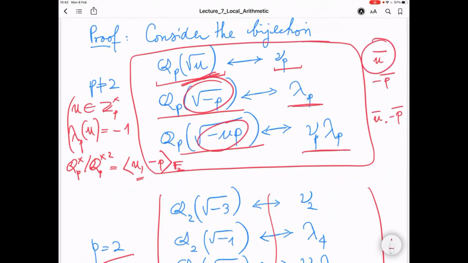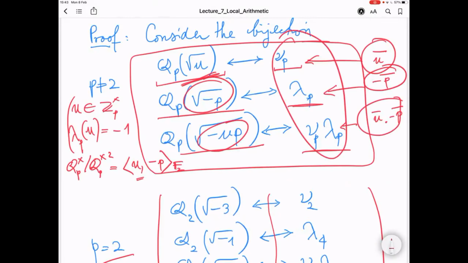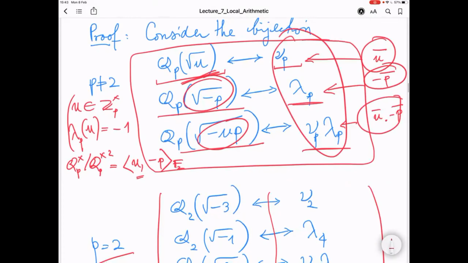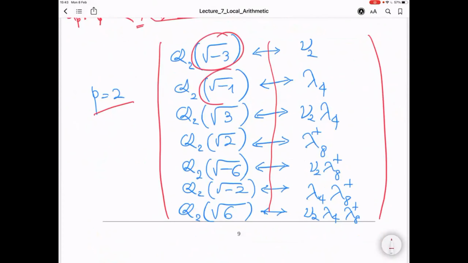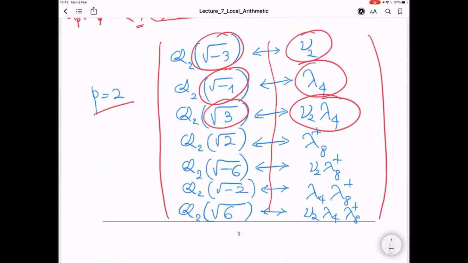This element is being sent to this character. This is being sent to this character. And the product of these two elements is being sent to the product of these two characters, right? And the same is happening here. The product of these two quadratic characters is this one.